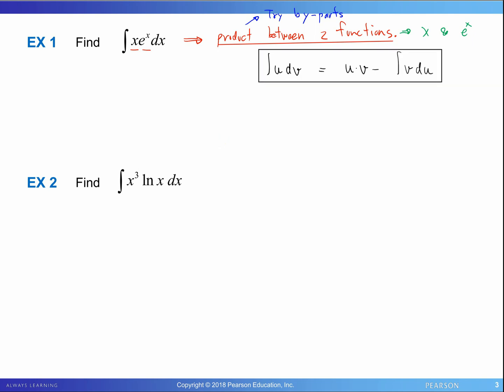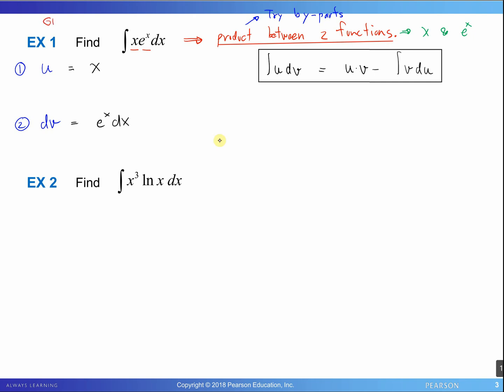And now we need to pick one function to be u and the other to be dv. So let's try this. Let's set u to be the first function equal to x and dv to be the second function e to the power of x dx. And now we check 3 guidelines.